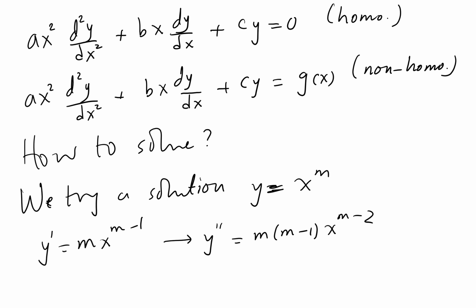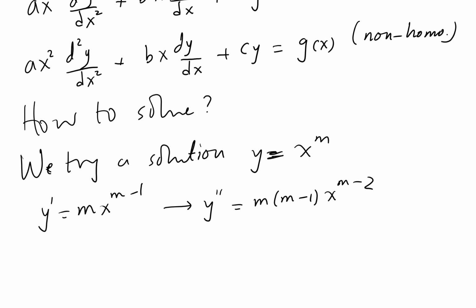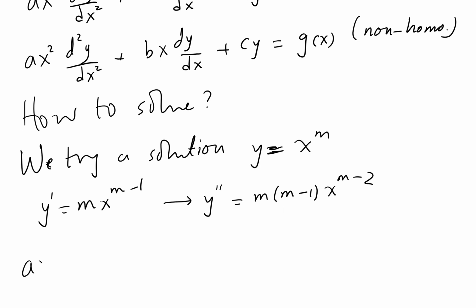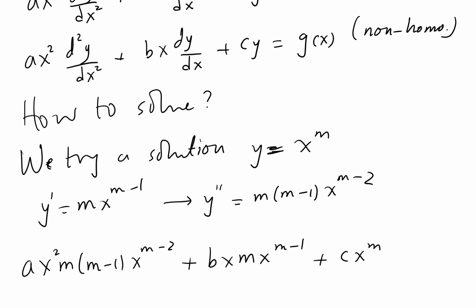I found them because I want to substitute them back into that homogeneous equation. So we have a x squared, instead of d squared y dx squared, which is the second derivative, I found m times m minus 1 x to the m minus 2, plus b x m x to the m minus 1 plus c x to the m.